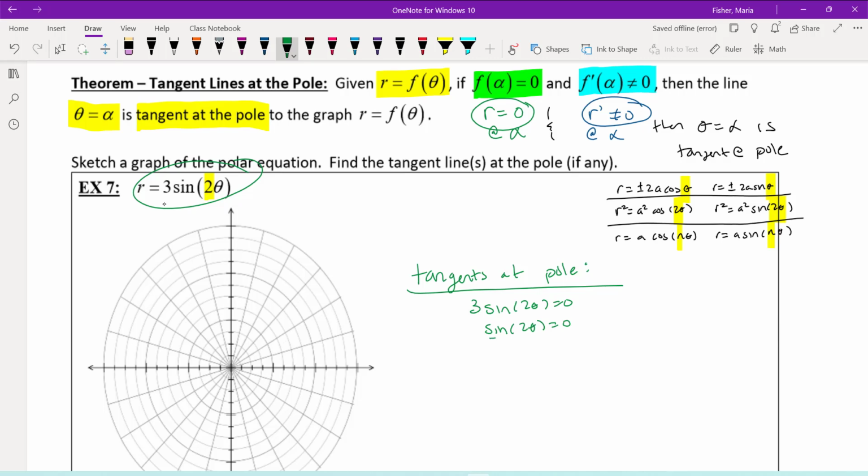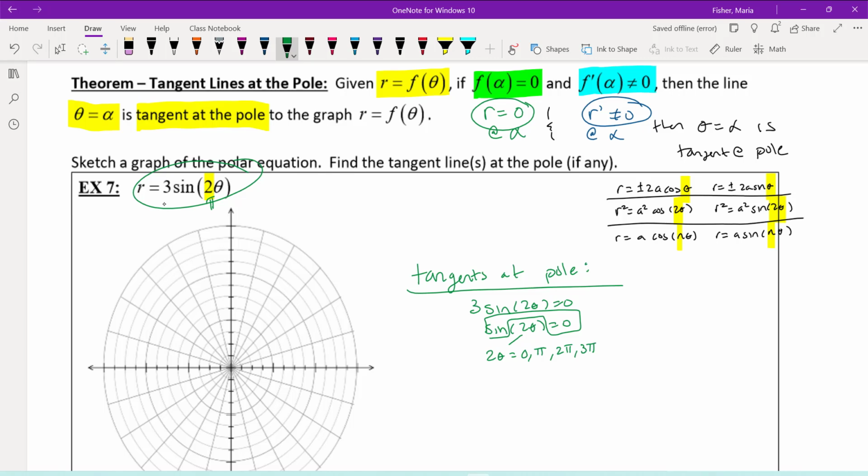Now I need to figure out where the sine equals 0. Bring down my 2 theta. Well, the sine is equal to 0 at 0 and at pi and at 2 pi and at 3 pi, and I can keep going, but I know that I have a 2, so I really only needed to list the first 2 because I should only have 2 answers, but I'm going to list a few to show you why you only have 2 answers.